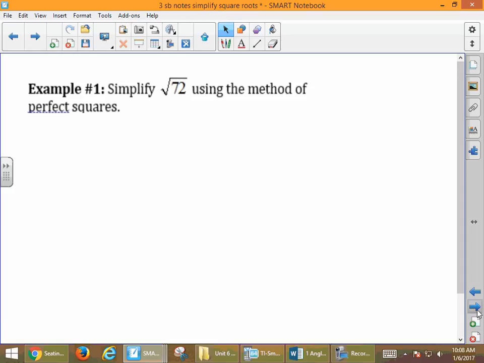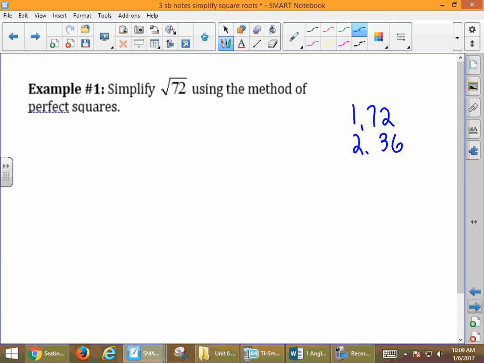So when we look at 72, what we need to know is that 72 is 1 times 72, 2 times 36, 3 times 24, 4 times 18, 6 times 12, and 8 times 9.